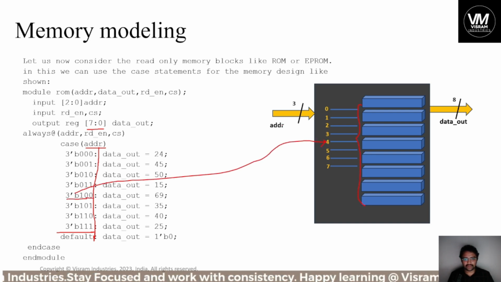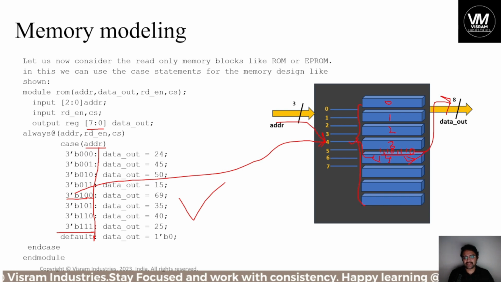It will go through the address, and this is selected, and 0 1 2 3 4, the 4th location is enabled, and whatever the data is there in terms of 8-bit data, that is sent through the data bus.